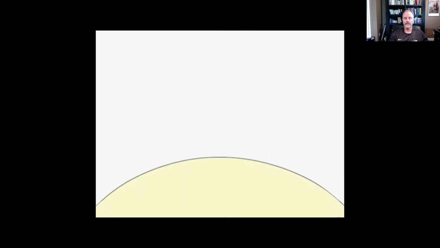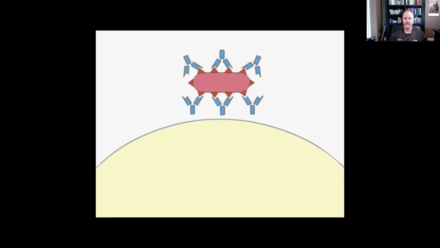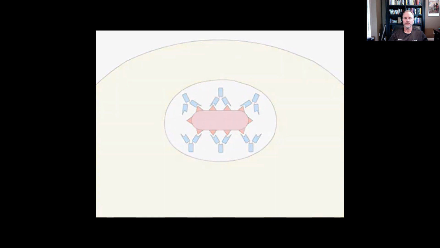Okay? The uptake of bacteria by phagocytes is an active process which requires the triggering of specific receptors on the phagocyte. Fc receptors, which bind antibody-coated bacteria, are one of the receptors capable of triggering phagocytosis. Binding of the aggregated antibody molecules to Fc receptors on the phagocyte causes the cell to engulf the bacterium.